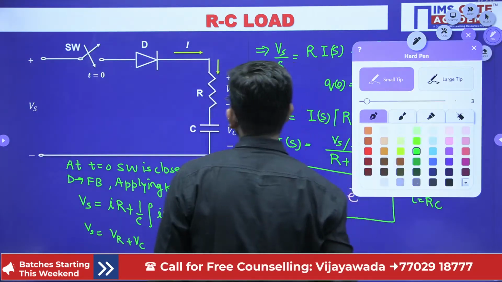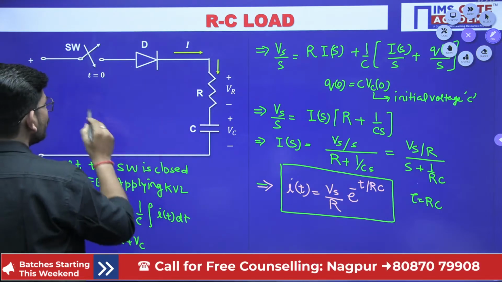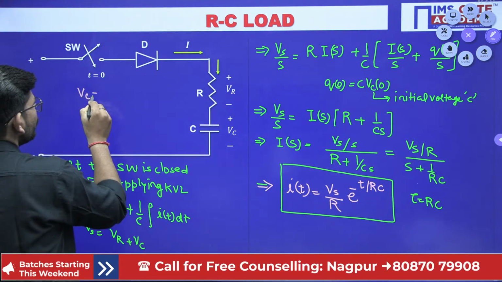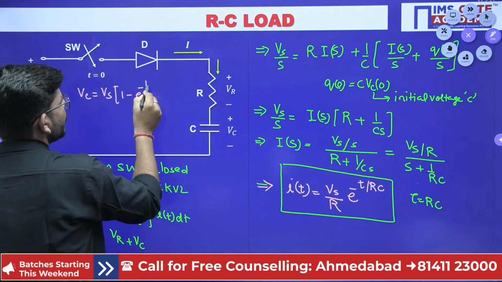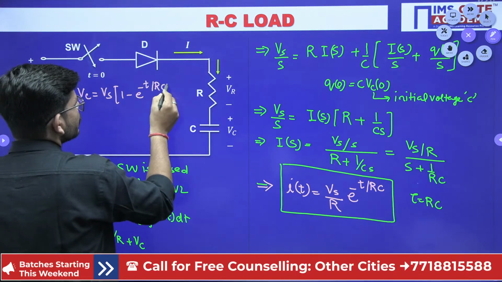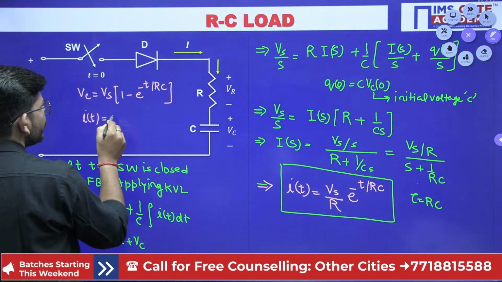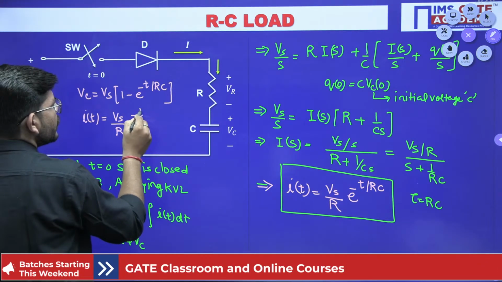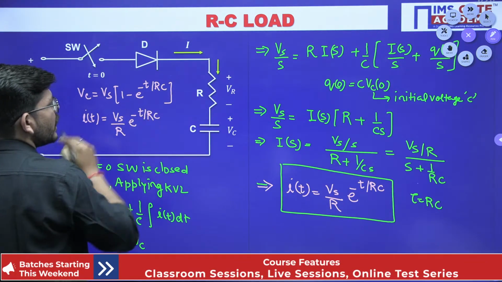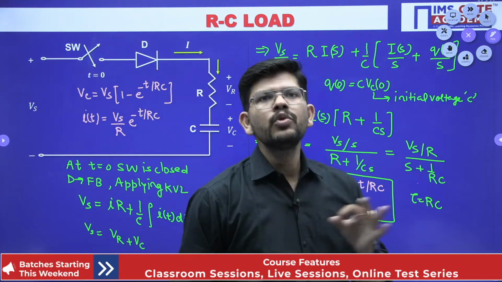if I am talking about an RC circuit, what is going to be the capacitor voltage here? My capacitor voltage is going to be Vs times 1 minus e to the power minus t over RC. And what is my current here? My current expression is basically Vs over R times e to the power minus t over RC, and I get this when I have assumed that the capacitor has no initial charge.